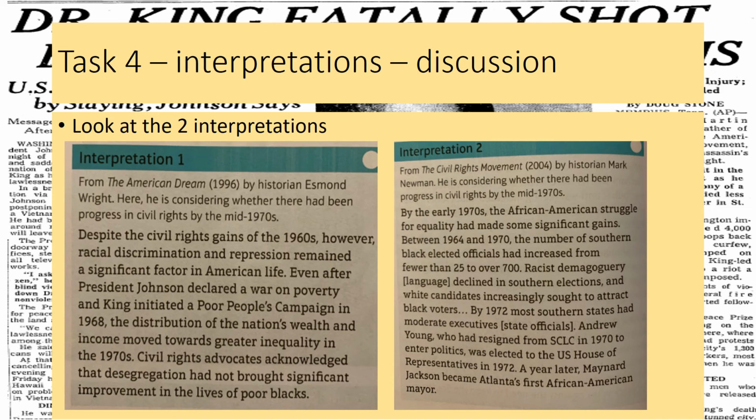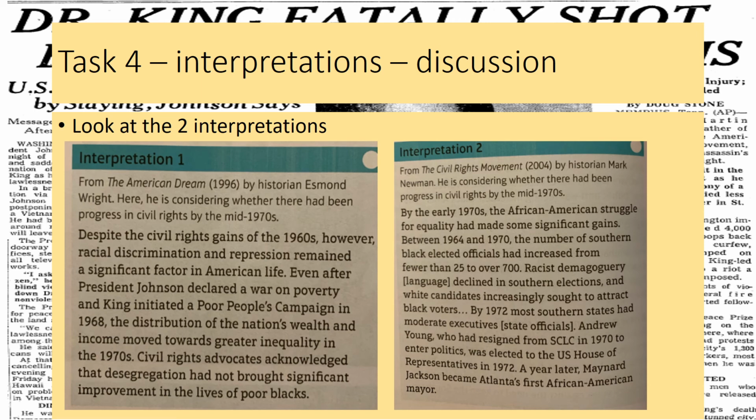Interpretation 2 is from The Civil Rights Movement in 2004, and this is by historian Mark Newman. By the early 1970s, the African American struggle for equality had made some significant gains. Between 1964 and 1970, the number of Southern black elected officials had increased from fewer than 25 to over 700.